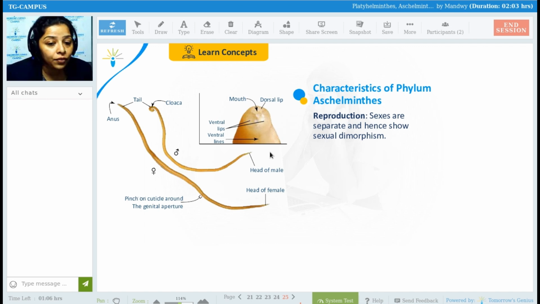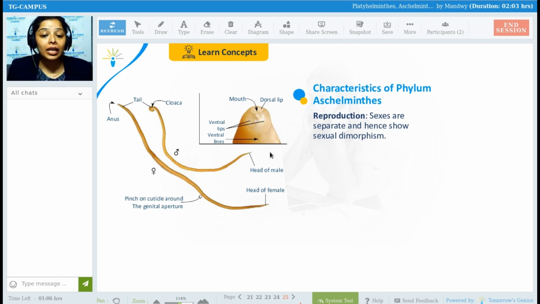Clear? Then another difference, the head of the male and female. What differences do they have? Any idea?